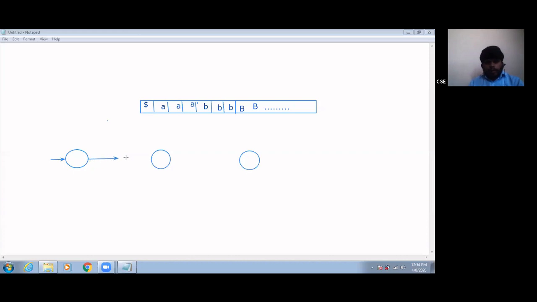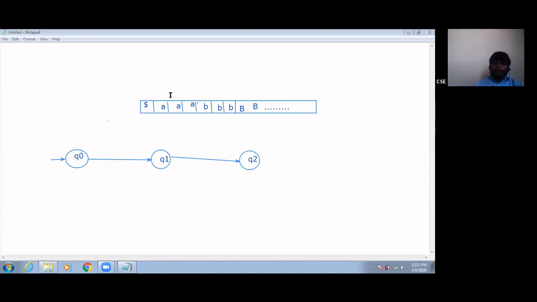I am just trying to give the transitions also for this. Here Q naught is a state. It is the same like Q1 is a state, and Q3, Q2 is a state.